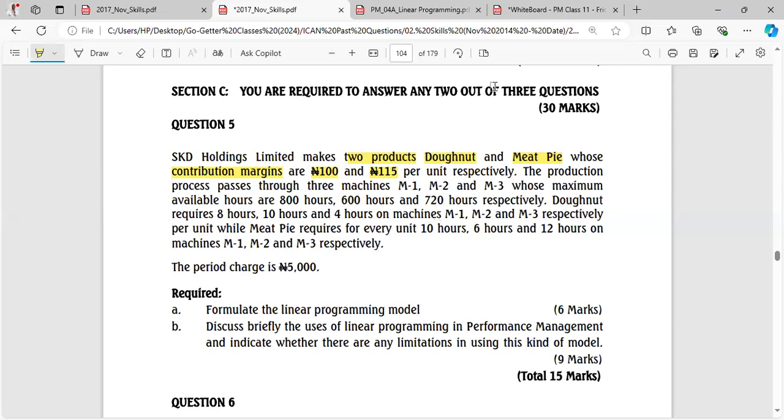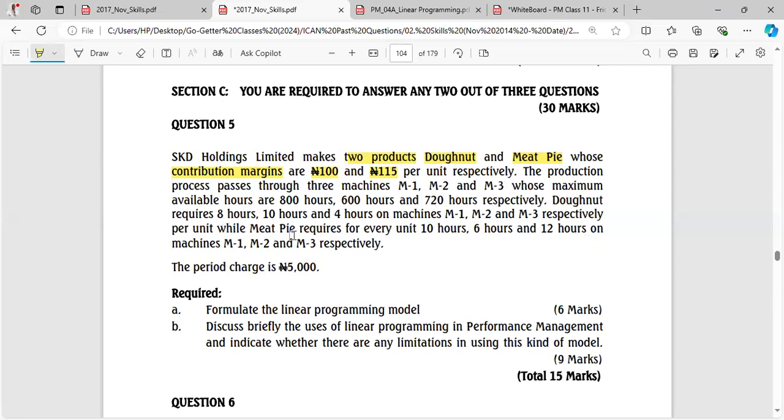Now, donuts require 8 hours. That means to make one donut, you require 8 hours on machine 1, 10 hours on machine 2, and 4 hours on machine 3 respectively, per unit.